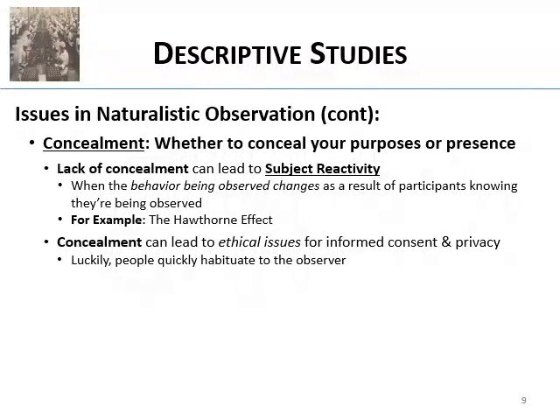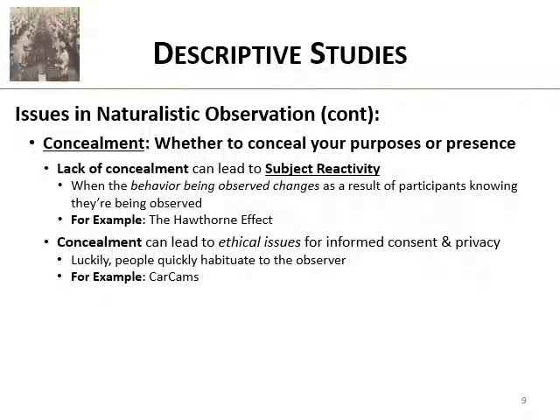So the good news is people quickly habituate to the fact that they're being observed. We did a study with car cams with teenage drivers where we would actually put a camera in their car, and it would record both forward what was going on the road and also what was going on backwards in the car where people were sitting.